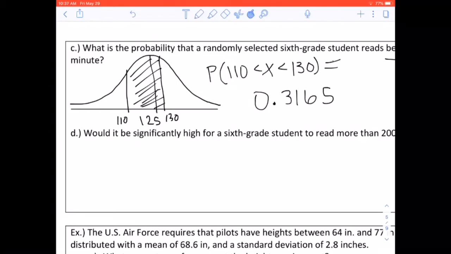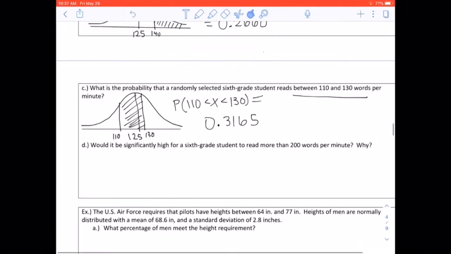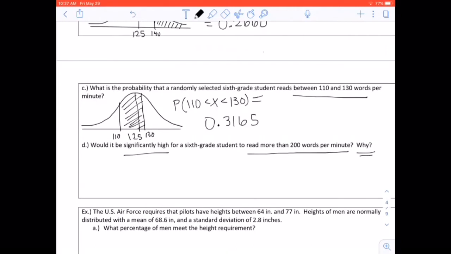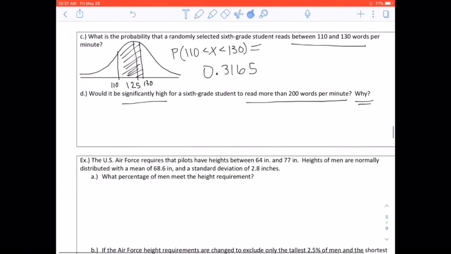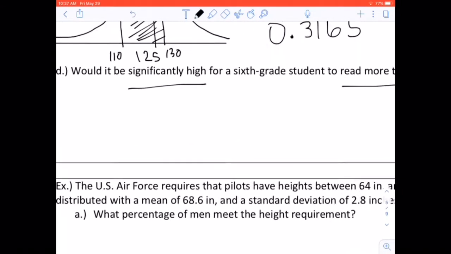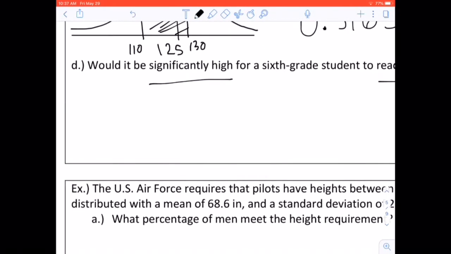0.3165. Part D says, would it be significantly high for a 6th grade student to read more than 200 words per minute? And then it asks for us to explain why. So again, we're going to go ahead and sketch our bell-shaped curve, our normal curve, and we're going to put in our mean, which is 125.